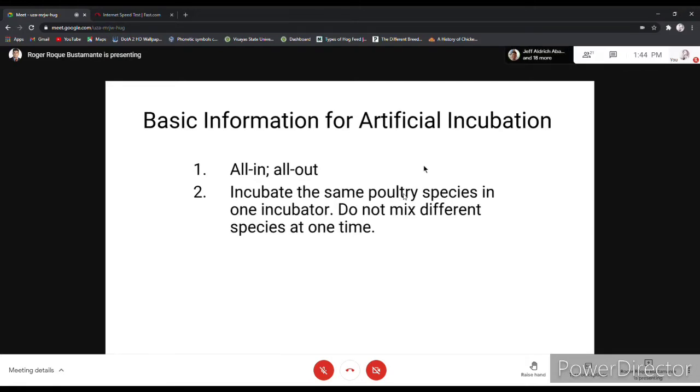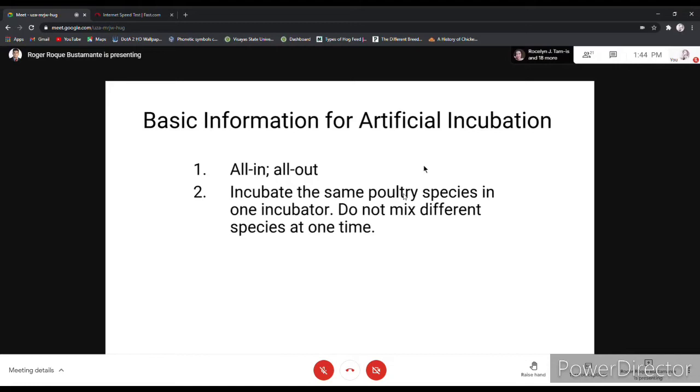Also, incubate the same poultry species in one incubator. Do not mix different species at one time. Go back to the principle of the length of the incubation period. Chicken is 21 days, Muscovy duck is 35 days, and Mallard duck is 28 days.